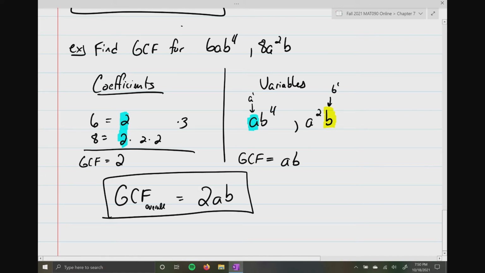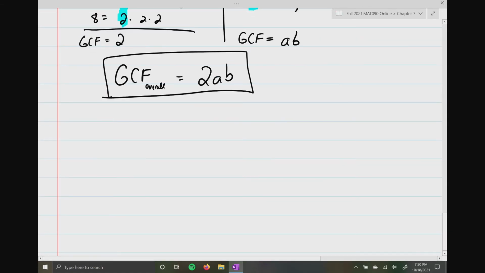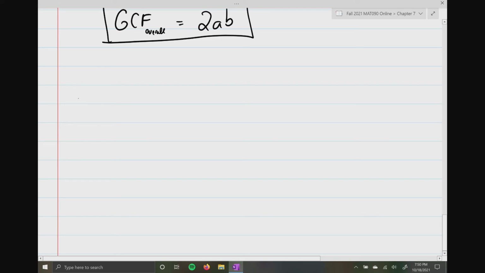Okay? So now that we kind of have an idea on how to find GCFs, we're going to move into the main topic of discussion today, or one of them at least, which is factoring the GCF, or the greatest common factor, for a polynomial.